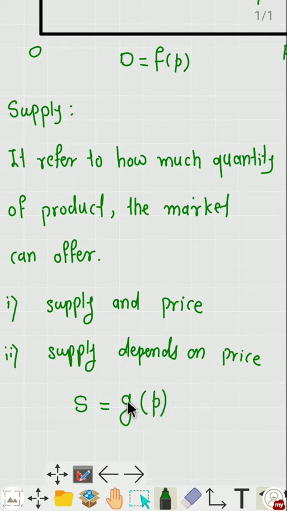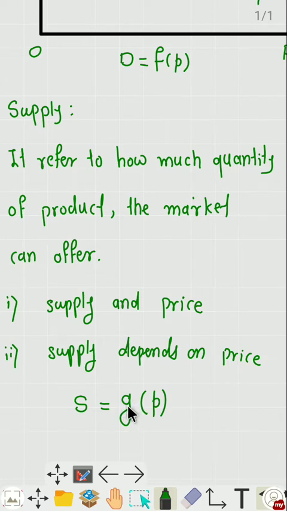So g is a notation for function. The supply function is g of p, which means supply depends on price, where S is supply and p is price and g is the corresponding function relating these two variables.